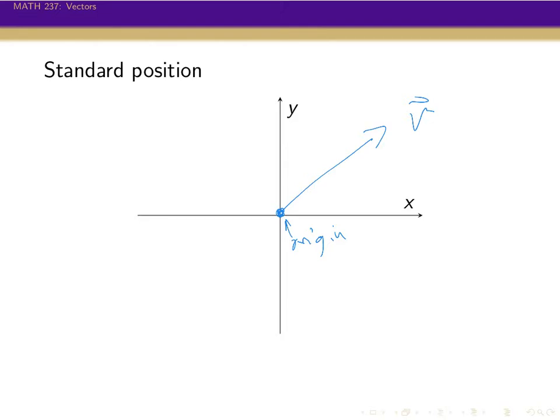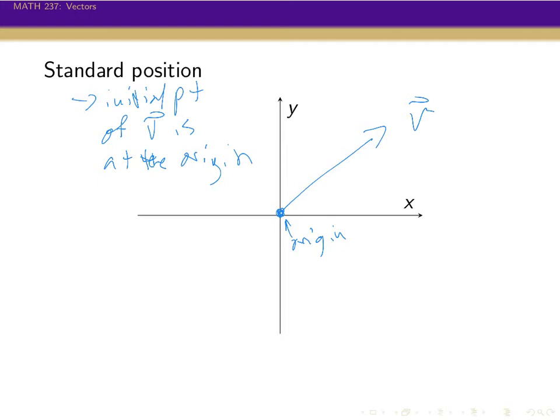So standard position means the initial point of the vector is at the origin. Okay, so v is starting at the origin and going out to wherever it is.